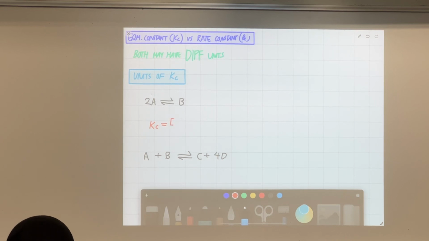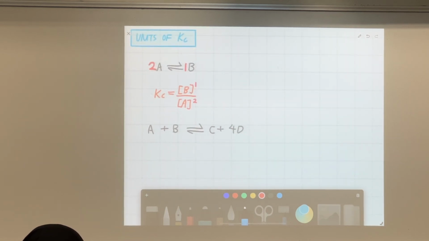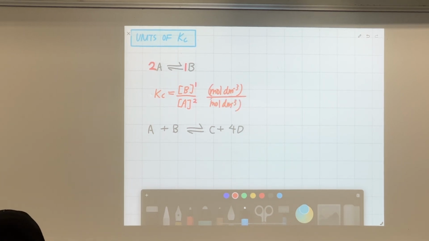Kc is written with product on top and reactant at the bottom, and they are raised to a power of their mole ratio. So you have 1 and 2. Let me finish this first. And so how many concentration terms are there on top and below? 1 and 2. So you can do mole per dm cube on top, and then mole per dm cube raised to a power of 2 at the bottom. So what is the unit then?